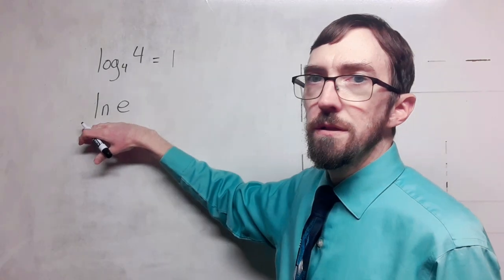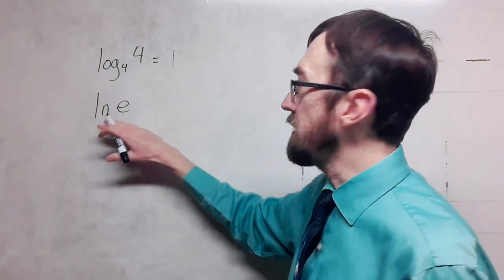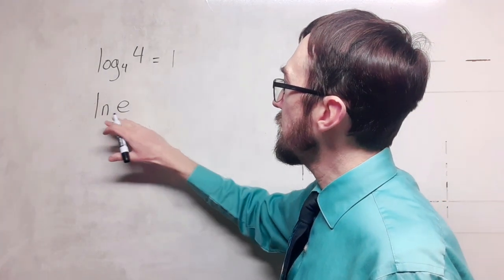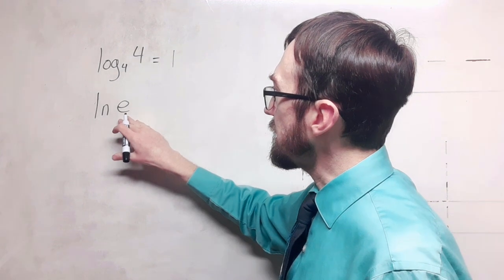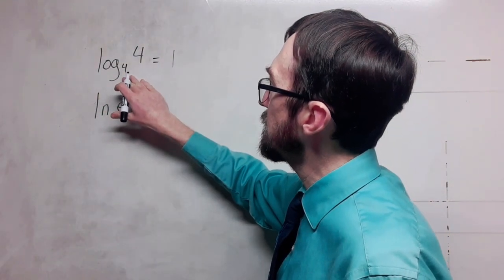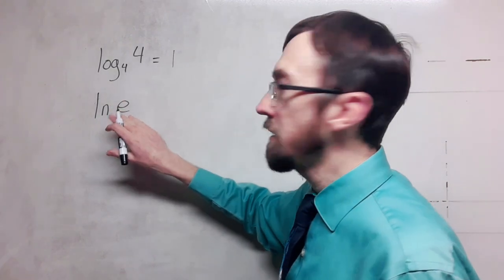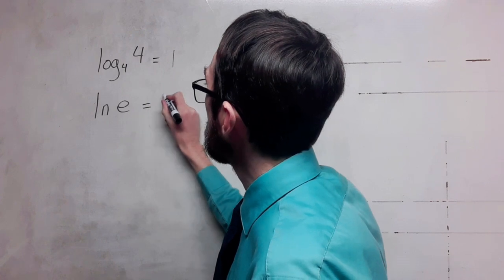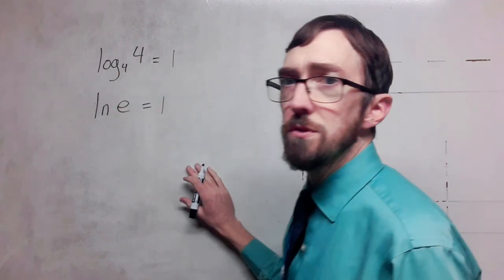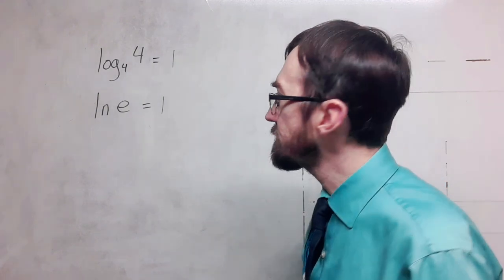The ln is, as I've mentioned earlier, a log base e. If we do natural log of e, this is the same as having this lower subscript that matches the number we're operating on, and this will also be 1. These can be useful things to have when problem solving.